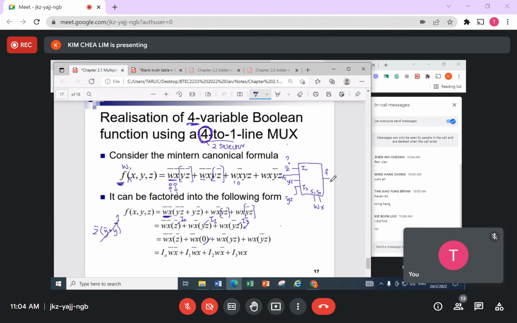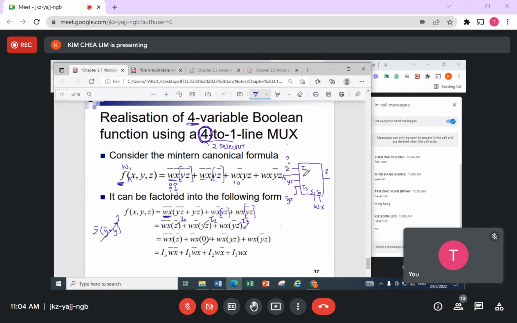Therefore, in this case here, 16 combinations, I can make use of 4 to 1 multiplexers to implement it with some simple logic gates. Either it's AND gate or sometimes you see OR gate. It's either AND gates or OR gates only. Of course, if you need to have a Y bar, for example, then an inverter. Inverter is a must.